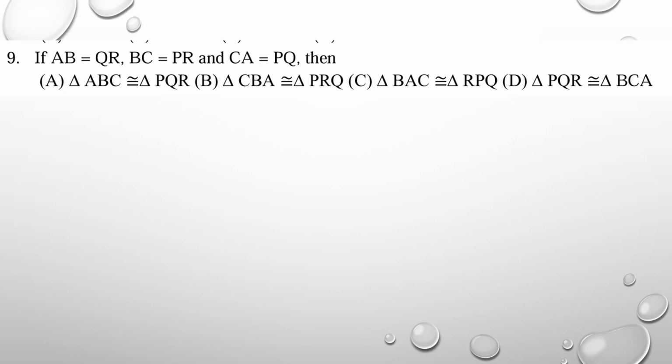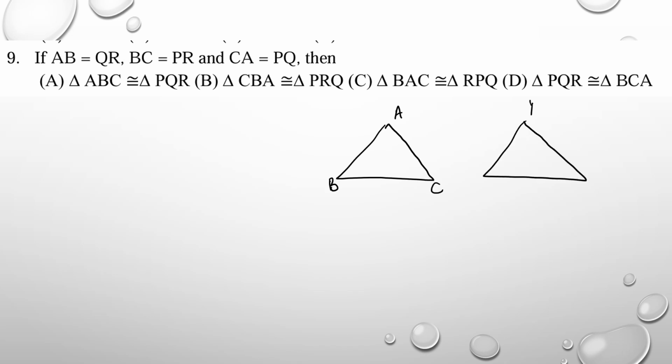Question number 9. Draw two triangles A, B, C and P, Q, R. Now AB is equal to QR.